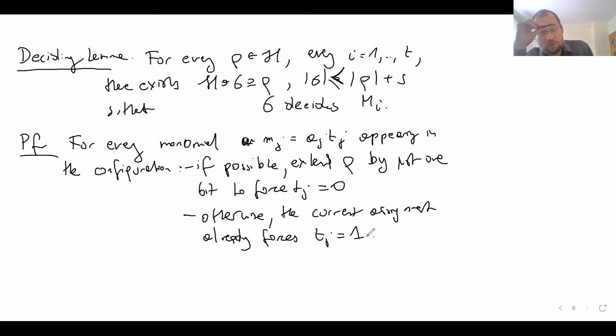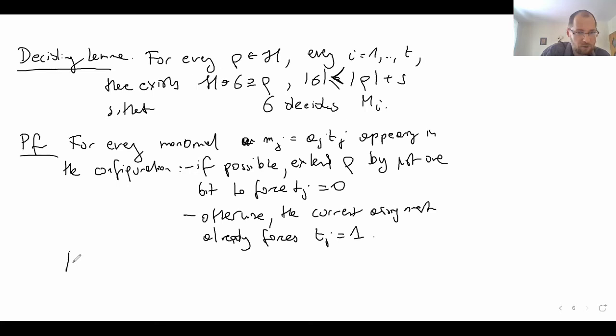If you can, you extend your original assignment rho just by one variable in the domain, and in that way you make the term 0. If you can't, the term is already forced to 1. So once you go through all the terms, and they're just S terms, you have decided each term.